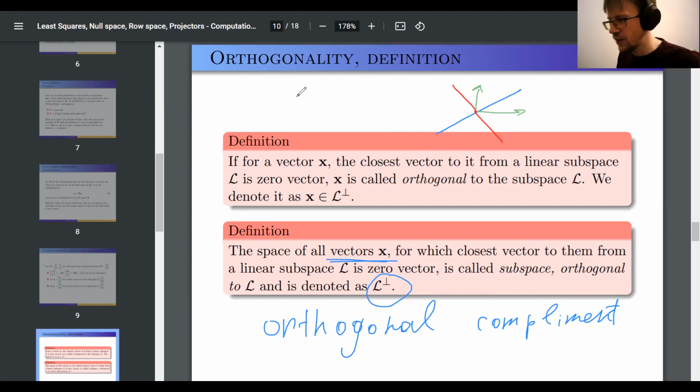Let me try to write one example in R3 of an orthogonal complement. That is a scary task because I think I might just lose you, but I will try to do it in half a minute, so bear with me, please. So let's say you have a line that passes through the origin again, but it is in R3.